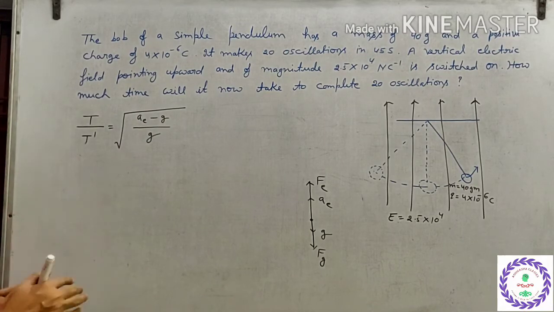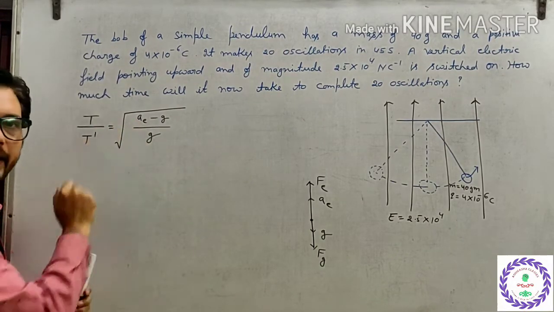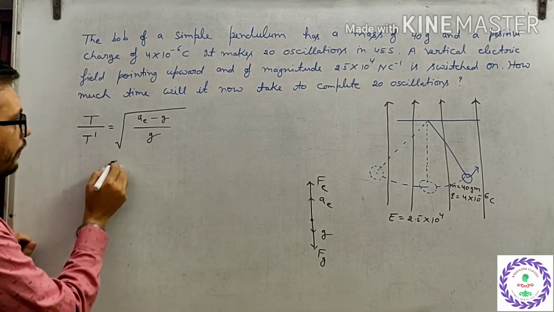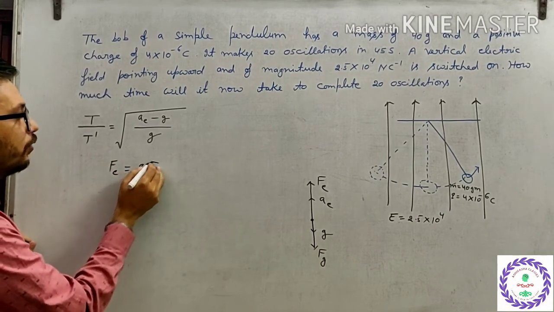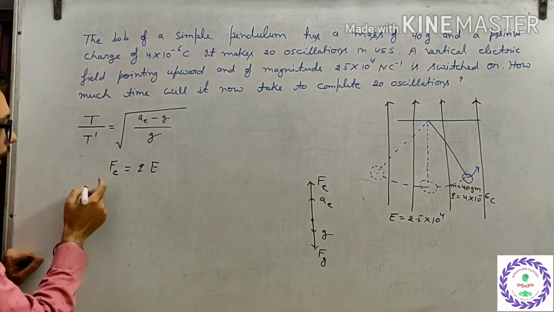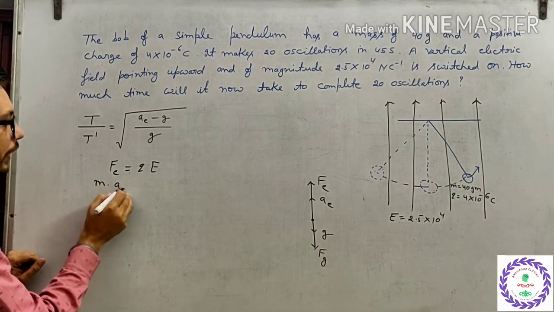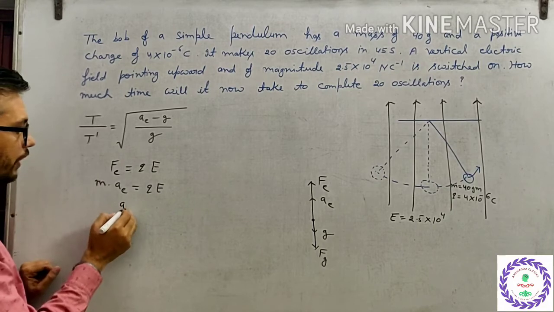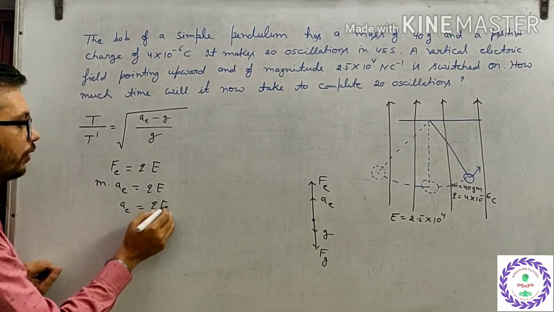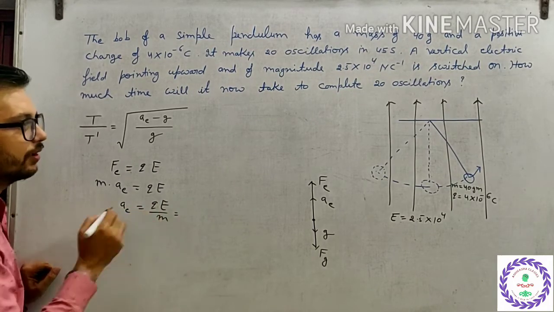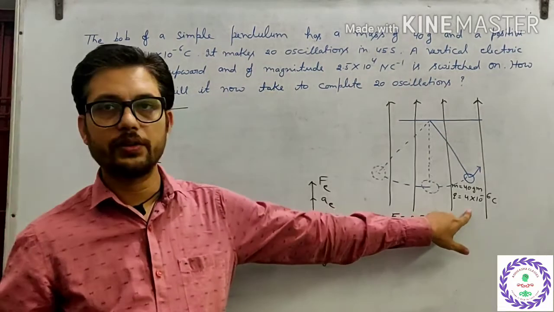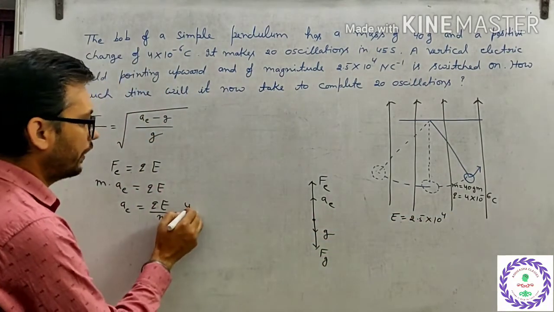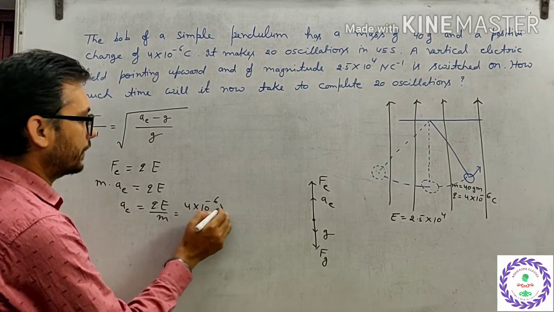Now we have to find the value of aE. So we have FE equals qE and FE equals m into aE, that is qE. So aE equals qE upon m. Now q is given in the question. q is 4 into 10 to power minus 6.